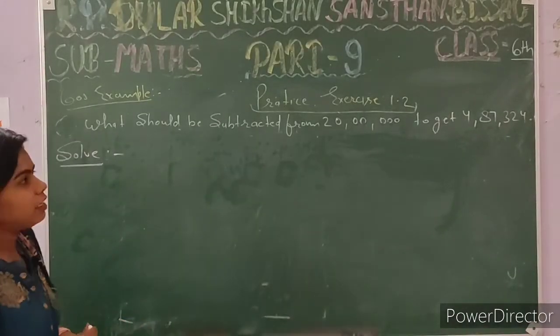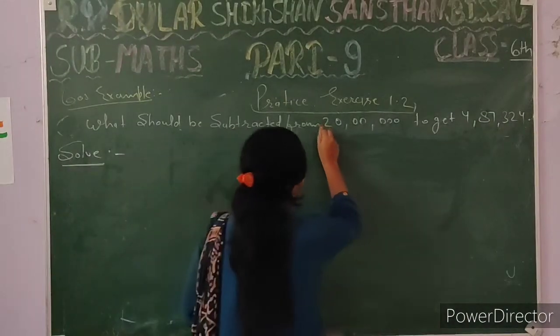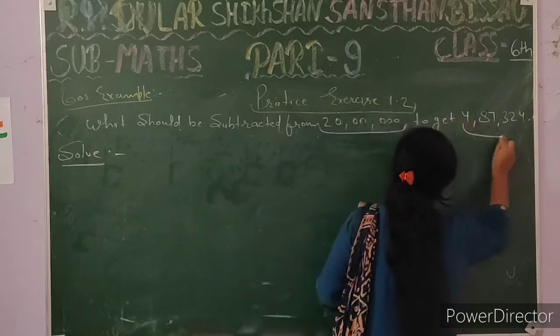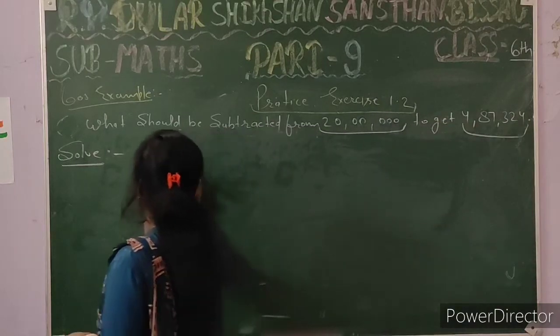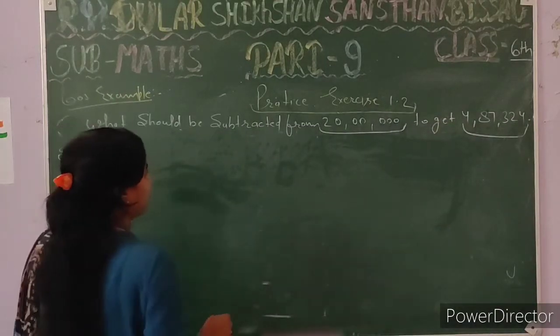It means in this question our answer is 4,87,324, and this number and that number are the important things. So what will we do?